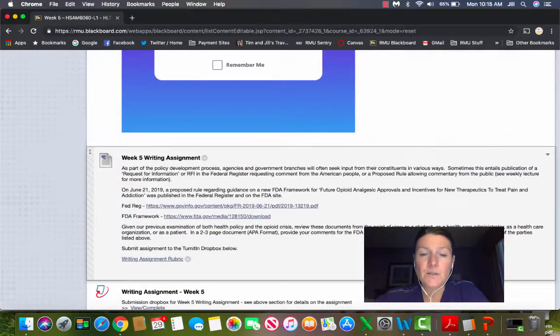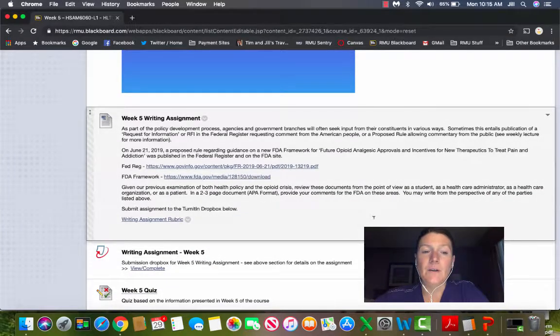We're also still looking at the policy side, and for our writing assignment this week, there is some information out here tying it back into our opioid process.